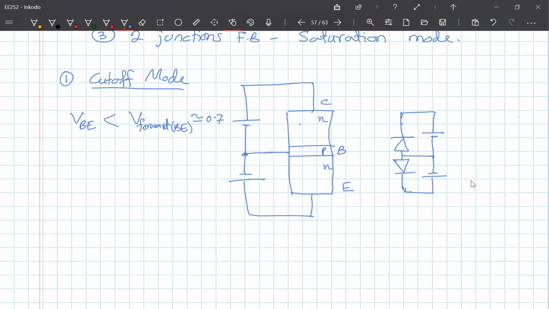Okay. Similarly, the VBC is also less than the forward voltage for the BC junction. Now remember, I am putting those BE and BC subscripts also to indicate that they can be different. In fact, they are different because the collector and emitter are not equally doped. Okay, so they are different. Under this condition, no significant current flows. Okay.